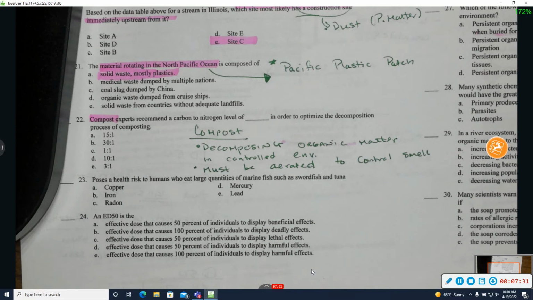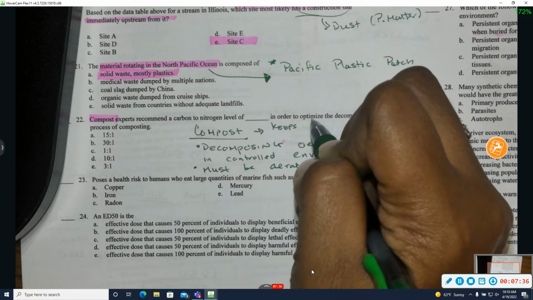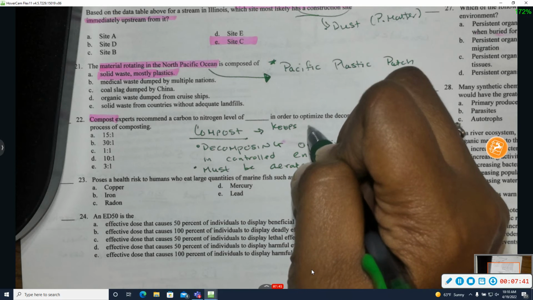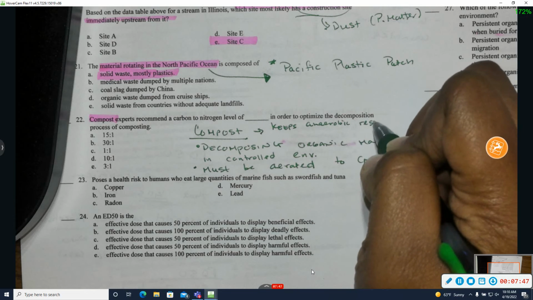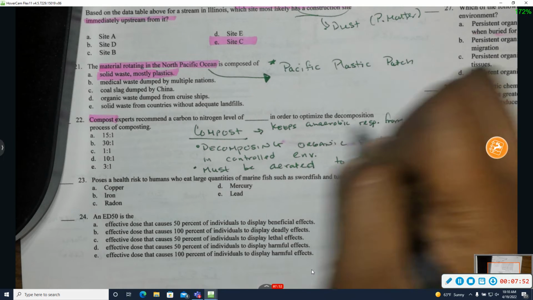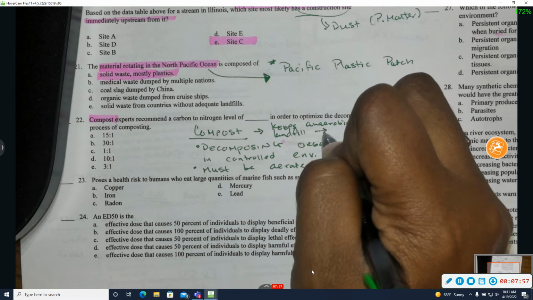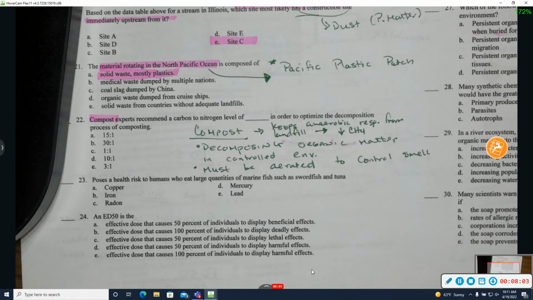One of the positive aspects is that it keeps anaerobic respiration from occurring in the landfills, and what that does is lower the CH4, the methane, coming from those landfills, from all of that decomposition.